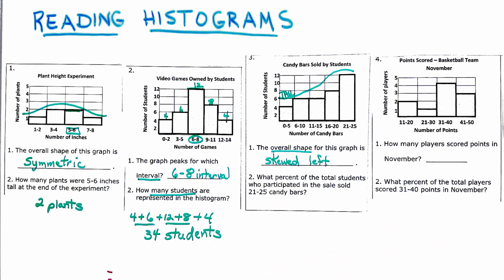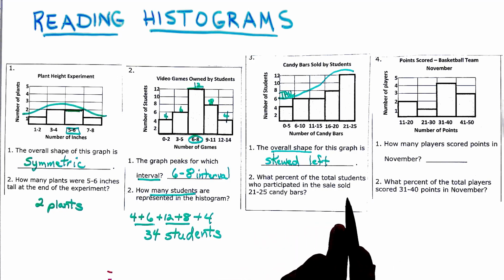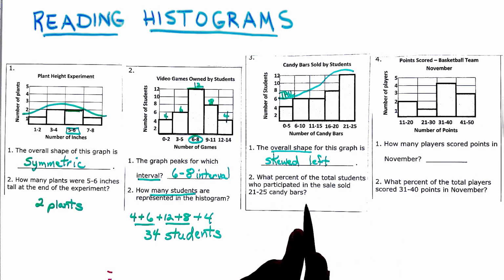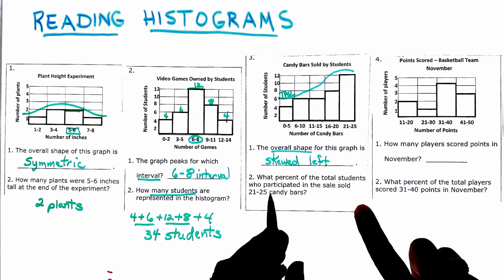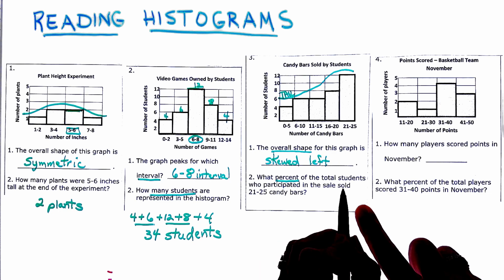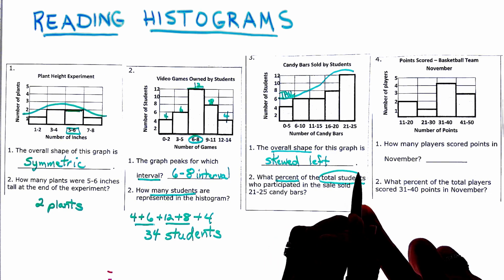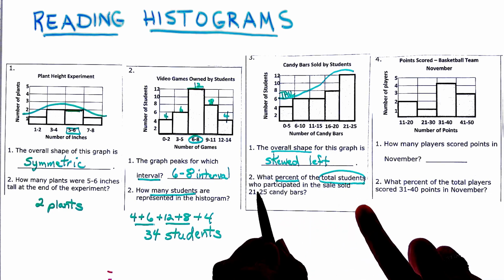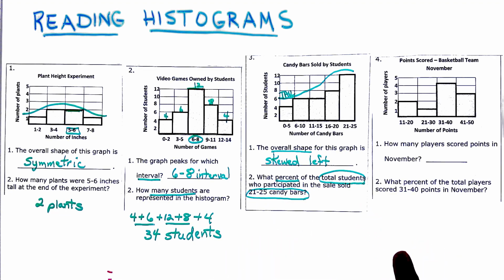Now, for number 2, it says, what percent of total students who participated in the sale sold 21 to 25 candy bars? Let's mark the text. We want to know the percent, our final answer. And it's the total students we're comparing to those who sold 21 to 25 candy bars.